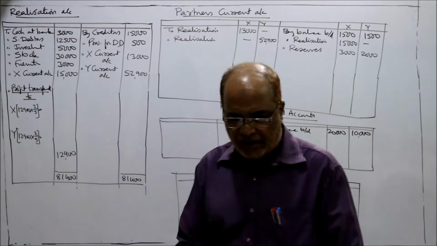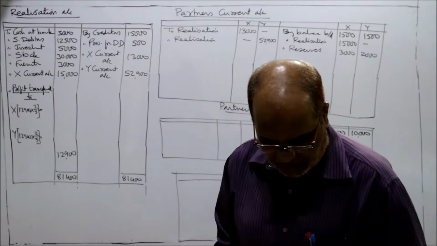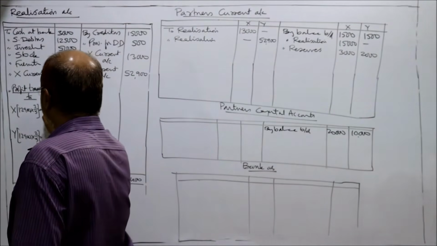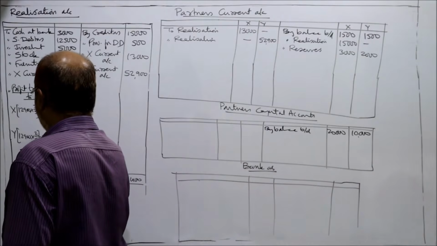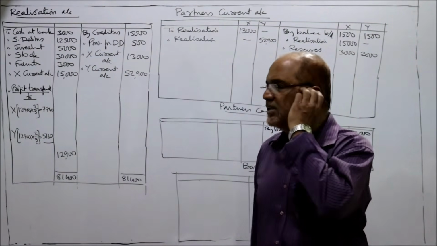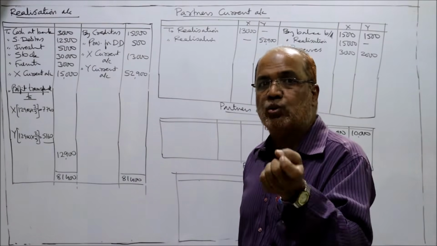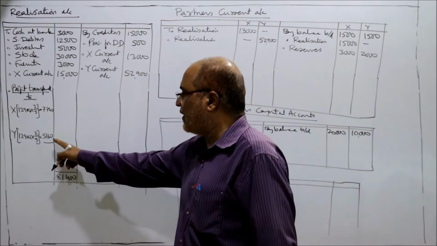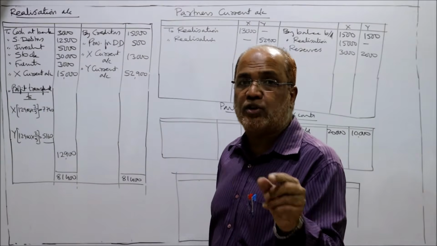How much is each partner getting? 7,740 and 5,160. 7,740 is the share of profit on realization of X, and 5,160 is the share of profit on realization of Y.